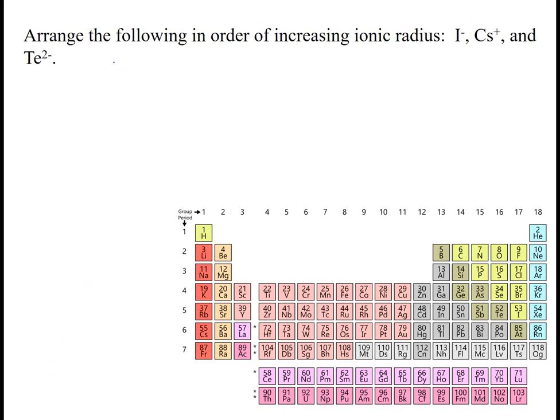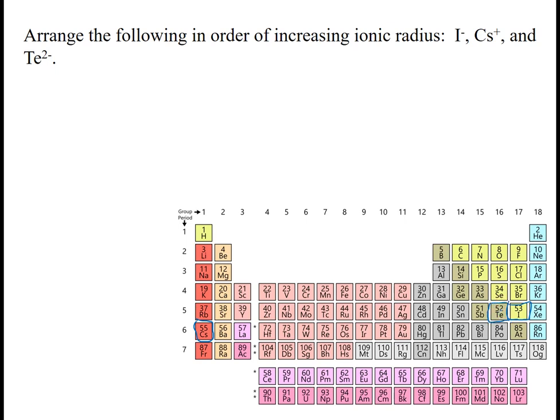This one says arrange the following in increasing ionic radii. I have I-, so I'm going to circle the neutrals. I have Cs+, and I have Te 2-, so this one's got it correct in the book.